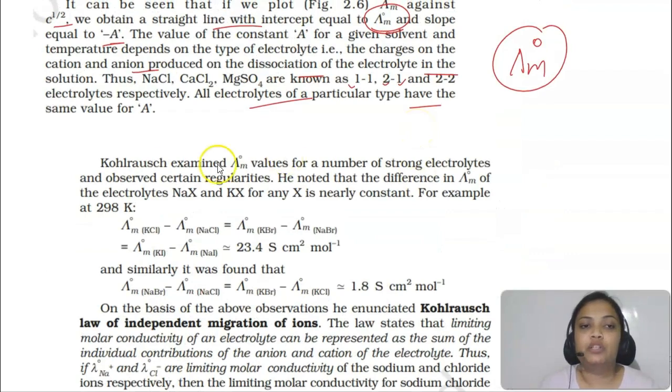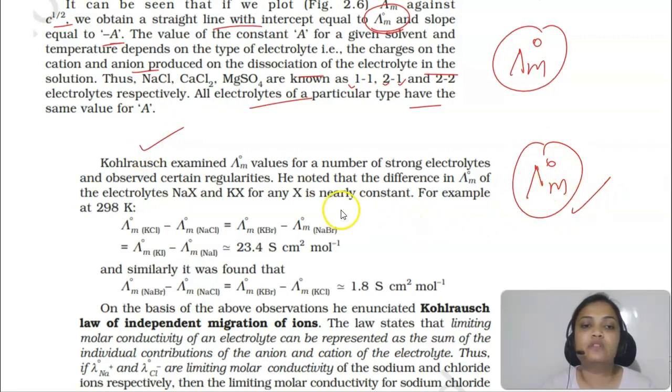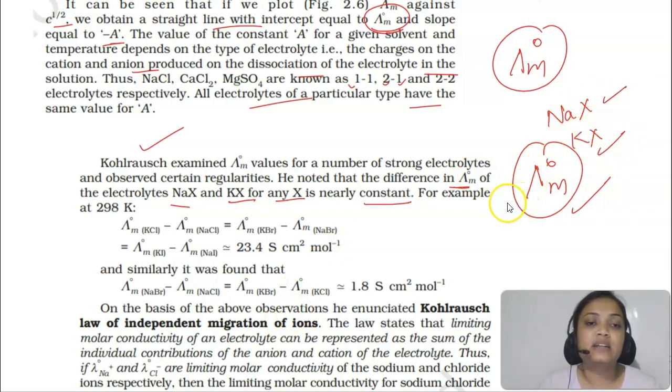Now Kohlrausch actually examined the limiting molar conductivity values for strong electrolytes, and he observed certain regularities. He noticed that the difference in lambda m naught of electrolytes which are of the type NaX, KX for NaX is nearly constant. कि जो limiting molar conductivity है for NaX and KX type electrolytes is nearly constant.